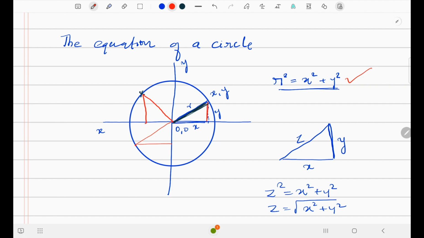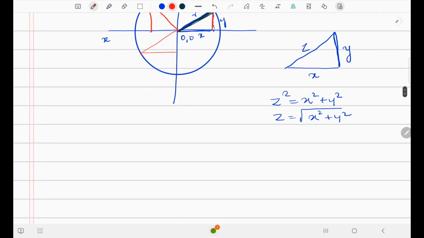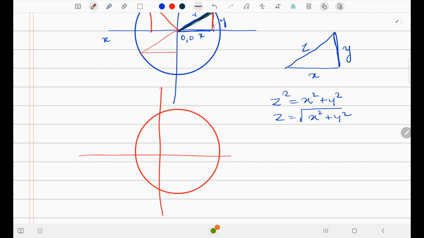For example, let me draw a circle. Suppose I have a circle like this. Now this circle's center point is not at 0, 0.